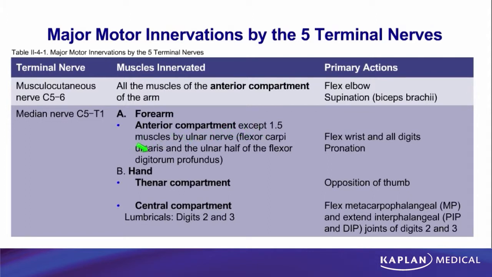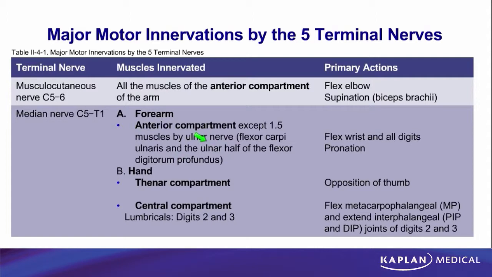So that's the one. And then the second most medial is the flexor digitorum profundus. But we only want half of that, so which half? The medial half, or the ulnar half. So the exceptions are the flexor carpi ulnaris and the medial or ulnar half of the flexor digitorum profundus. Those two will be ulnar, but everything else in the anterior forearm will be median.